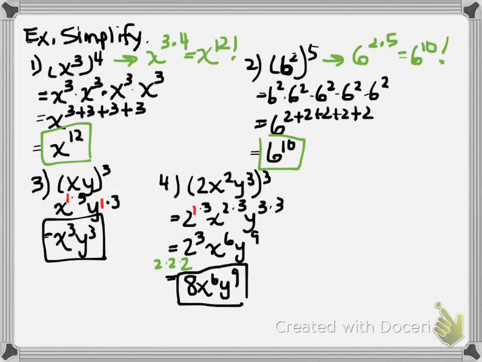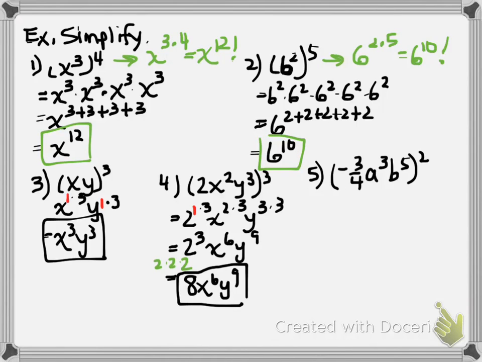And then we've got, let's see, probably fit one more on this screen. We've got negative 3/4 a cubed b to the 5th, and all of that we want to square.